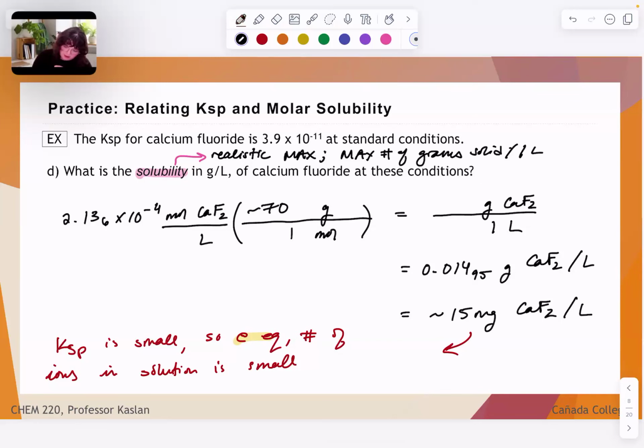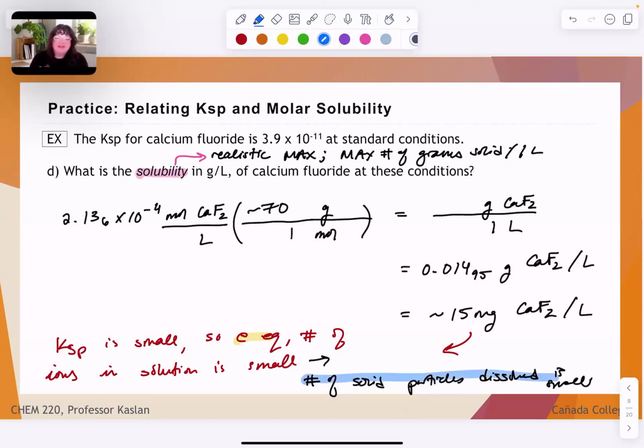And working backwards, this means that the number of solid particles dissolved is small. In other words, I have a very low solubility.